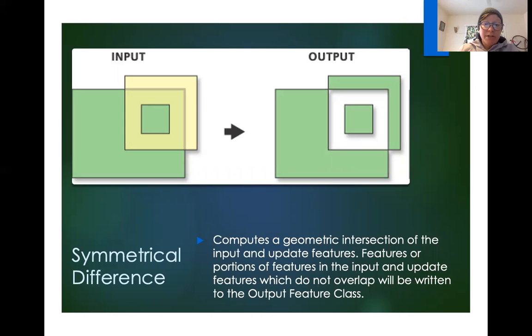The symmetrical difference is also similar to erase, right? So there's some kind of intersection of the input and another feature, another shapefile, right? And it's going to create an output of where the layers do not overlap.